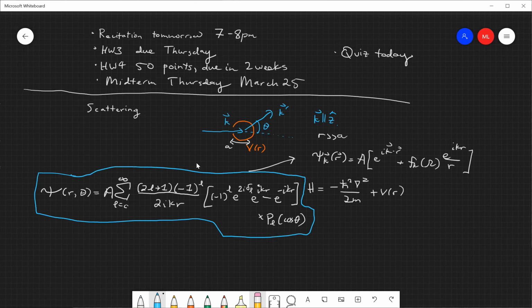How we did this is we looked at, so far away from the potential, you of course don't have a potential, it's 0. So you can look at the solution to Schrodinger's equation without a potential. And we looked at those solutions and they were Bessel functions. And we looked at what happens to the Bessel functions for large radii.